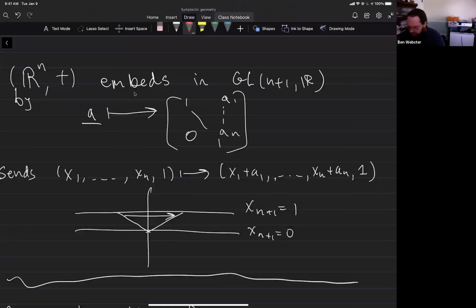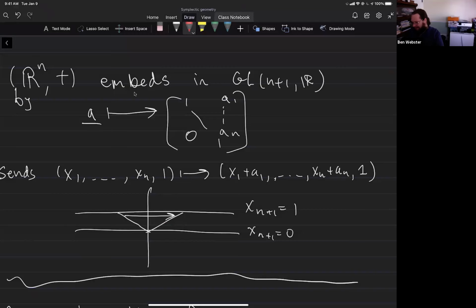which you can sort of think of geometrically as, okay, R^n acts by addition on R^n in the obvious way. I embed R^n into R^{n+1} as the level set where the last coordinate x_{n+1} is equal to 1. And then I can extend that action linearly.